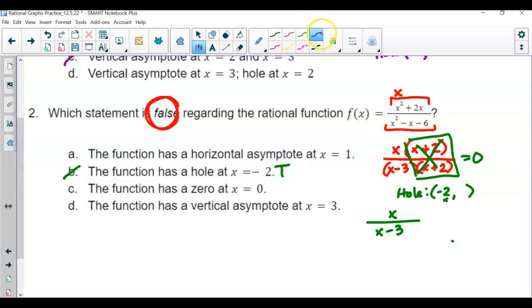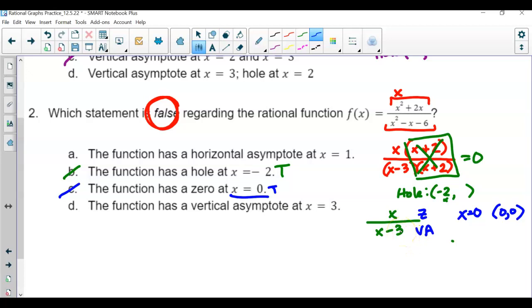So here I've got my 0 from my numerator and vertical asymptote from my denominator. The 0 is just x by itself, which means x is equal to 0, or that is the x-coordinate, so our 0 is at 0, 0. So here our 0, that is also true. So C is not my answer.